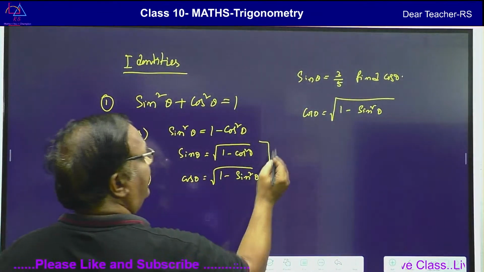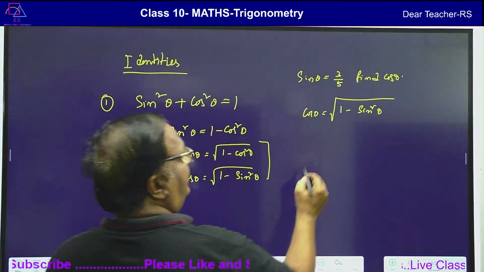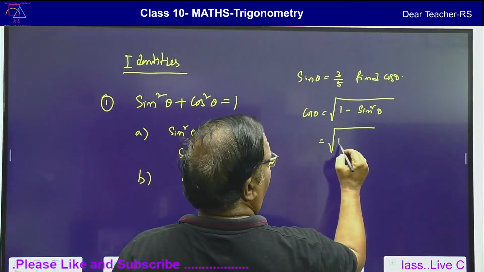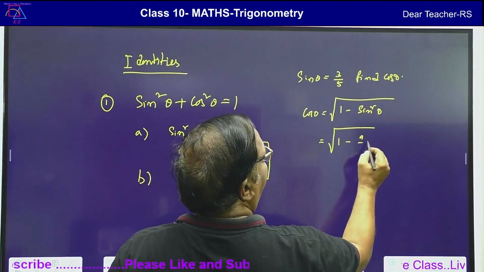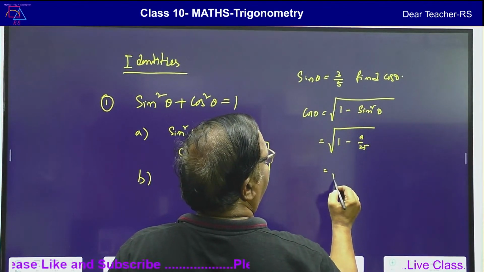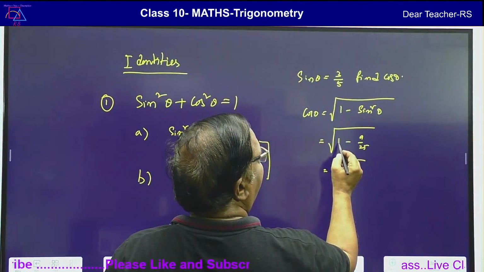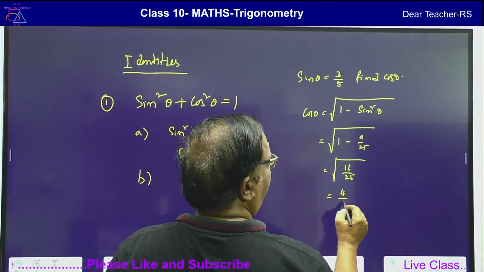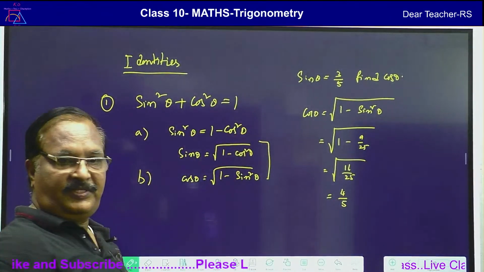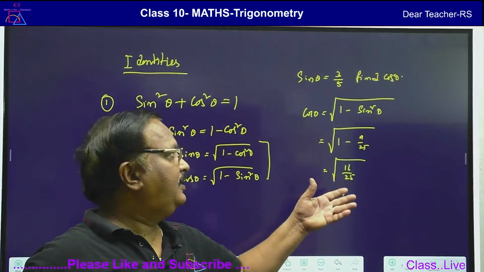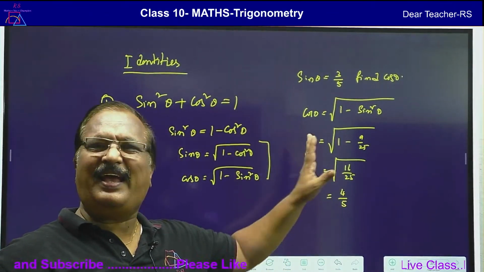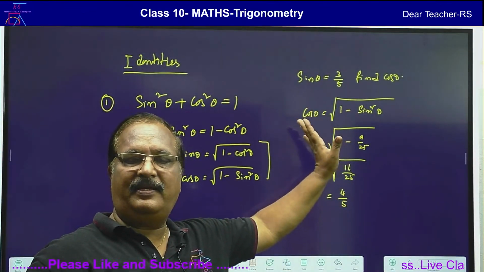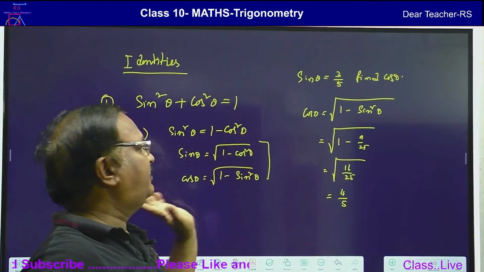This is the formula and this is the first identity. So then 1 minus 9 by 25. So it is equal to 25 minus 9, 16 by 25, which is equal to 4 by 5. So this is another way to find out cos. Okay, I have given just an idea how to use this formula.